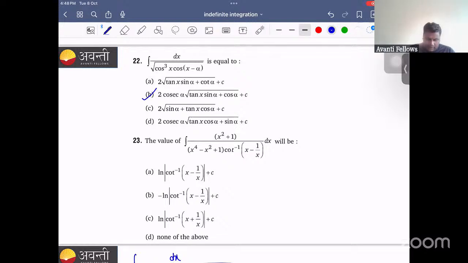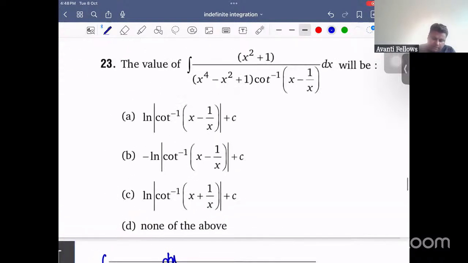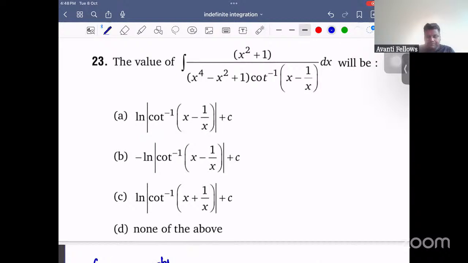Fine. Now you try this question number 23. Again, very good concept and very good question. Question number 23. Just give it a try.